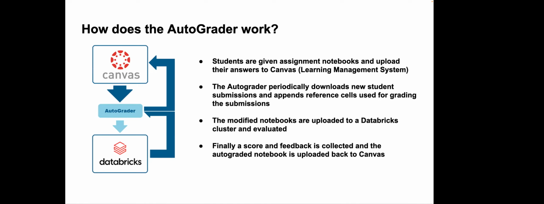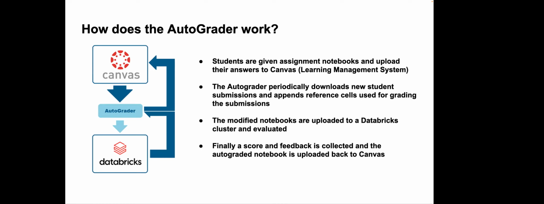So, an overview: how does the autograder work? Students are given assignment notebooks and they upload their answers to Canvas, which is the learning management system. Then the autograder periodically downloads new student submissions and appends reference cells that will be used for grading and to check their answers.